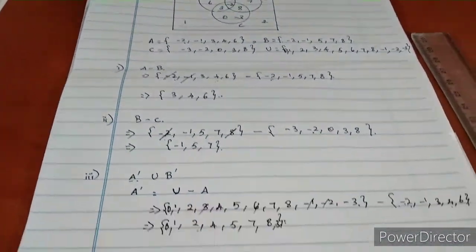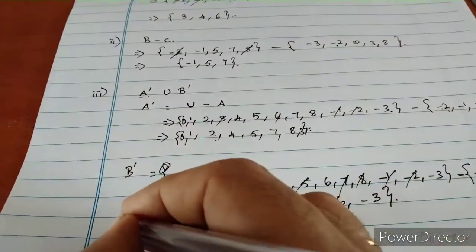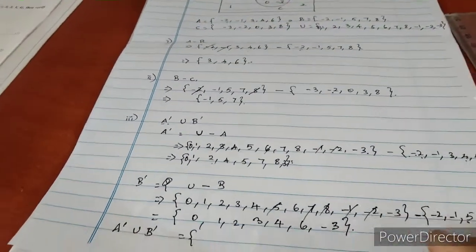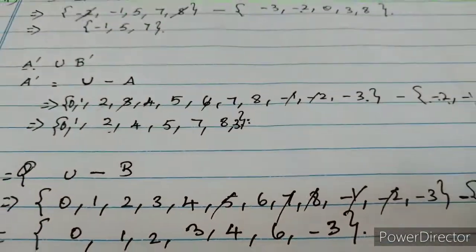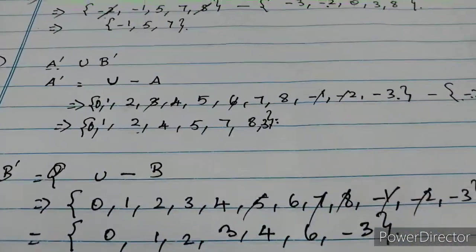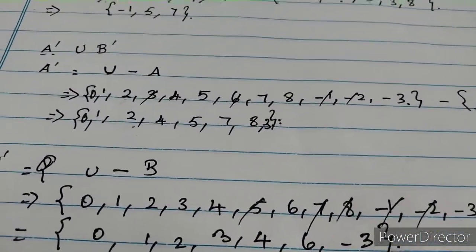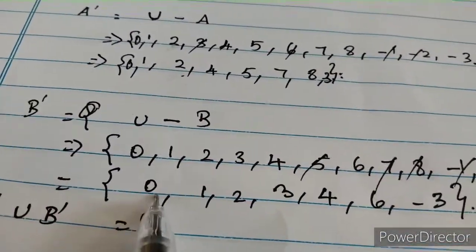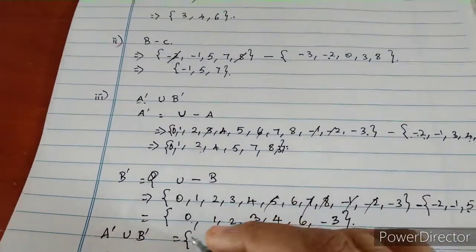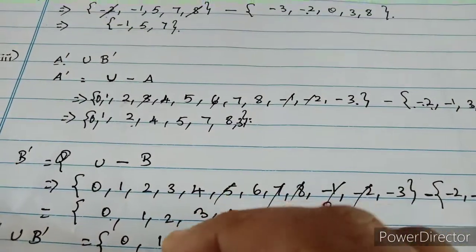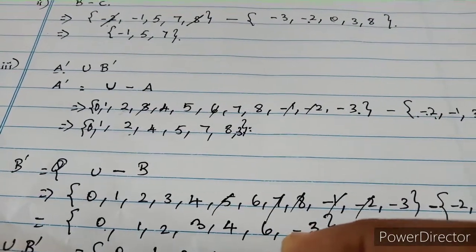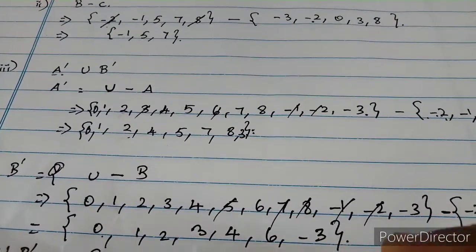Now what you have to find out is complement of A union complement of B. What is meant by complement of A union complement of B? Union means you have to write all the elements of complement of A and all the elements of complement of B. So the complement of A is 1, 2, 5, 7, 8, -3.